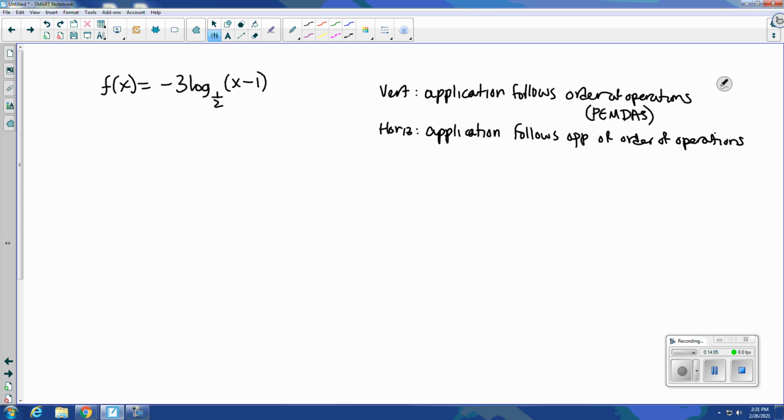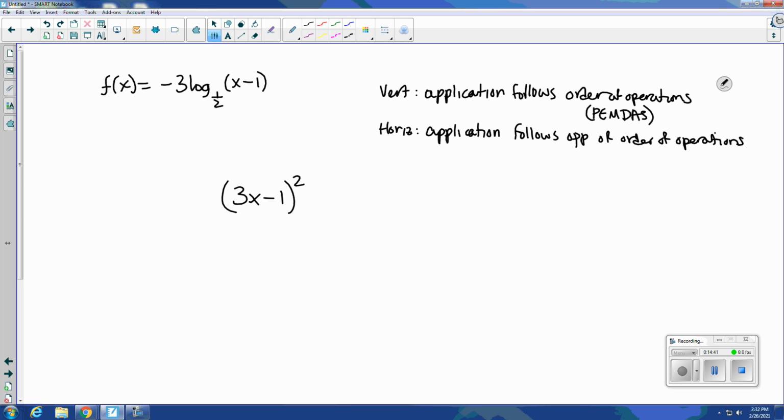For instance, if we have two horizontal transformations, the -1 and the 3, the -1 would be implemented before the multiplication by 3. So this would shift right 1 and then be horizontally compressed by 1/3, and not the other way around.